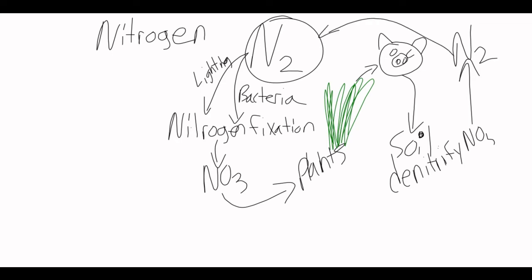So nitrogen moves through living and non-living things. Bacteria play a huge role in the nitrogen cycle. There's bacteria to fix it, to make it usable to plants, and there are bacteria that change it back to atmospheric nitrogen. Okay?